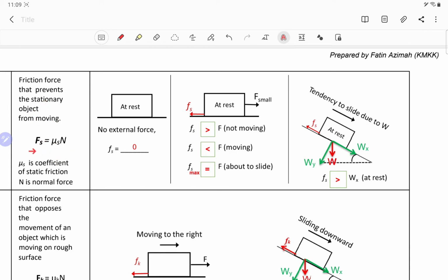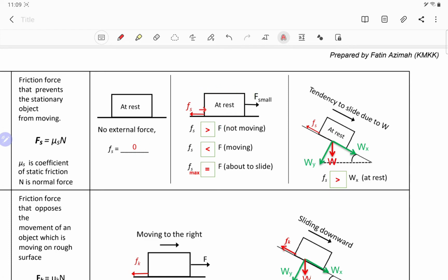This is the formula for the static friction: Fs equals to mu s N. F ni kadang-kadang boleh jadi F besar, boleh jadi F kecil, terpulang as long as you can differentiate the friction force dengan applied force. Mu s is the coefficient of static friction. N is the normal force. When an object is at rest, tak ada external force, tak ada objek yang menarik ataupun menolak dia, so the friction force is equal to 0.